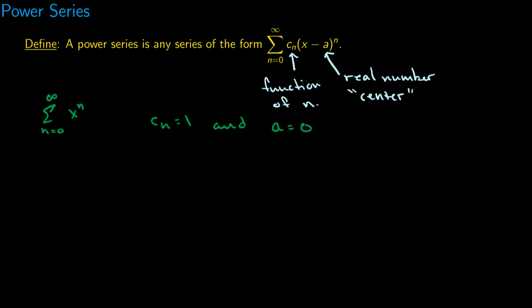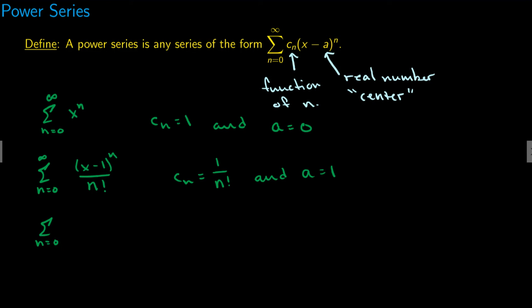And we could also come up with other series, so we could have n equals 0 to infinity of x minus 1 to the n over n factorial, where our c sub n would be equal to 1 over n factorial, and a is equal to 1.